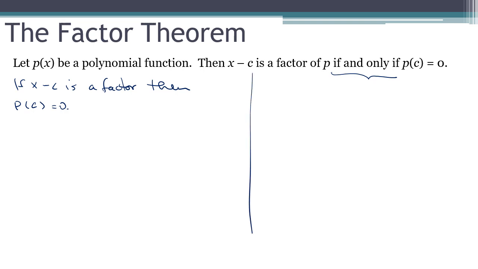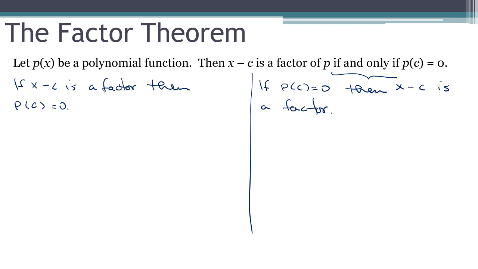And the second theorem is the converse of this. It's this theorem flipped around: if p of c equals 0, then x minus c is a factor. So there's actually two things that I have to prove here.